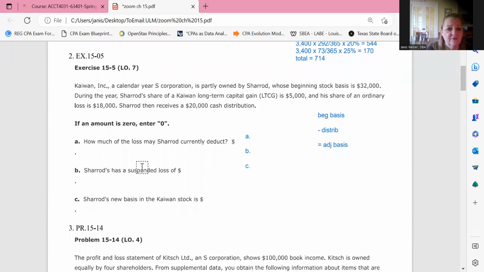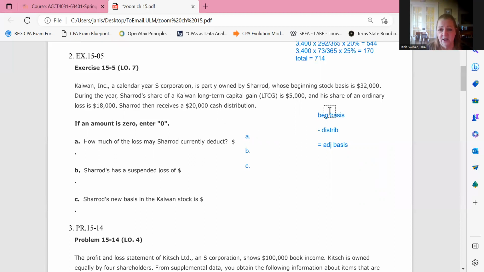Then for 15.5, we've got K1 Inc., a calendar year S corp, partly owned by Sherrod, whose beginning stock basis is $32,000. During the year, Sherrod's share of the K1 long-term capital gain is $5,000, and his share of the ordinary loss is $18,000. Sherrod then received $20,000 in cash distributions, but we have to consider that first.